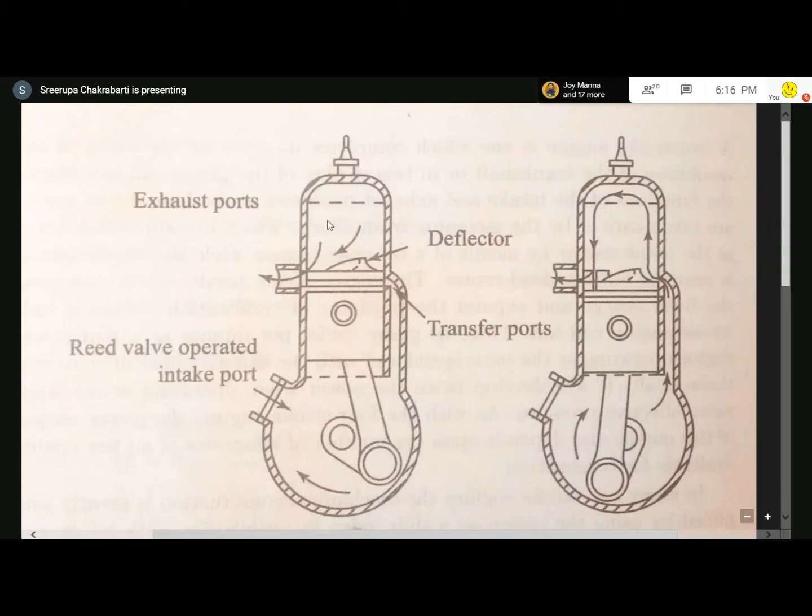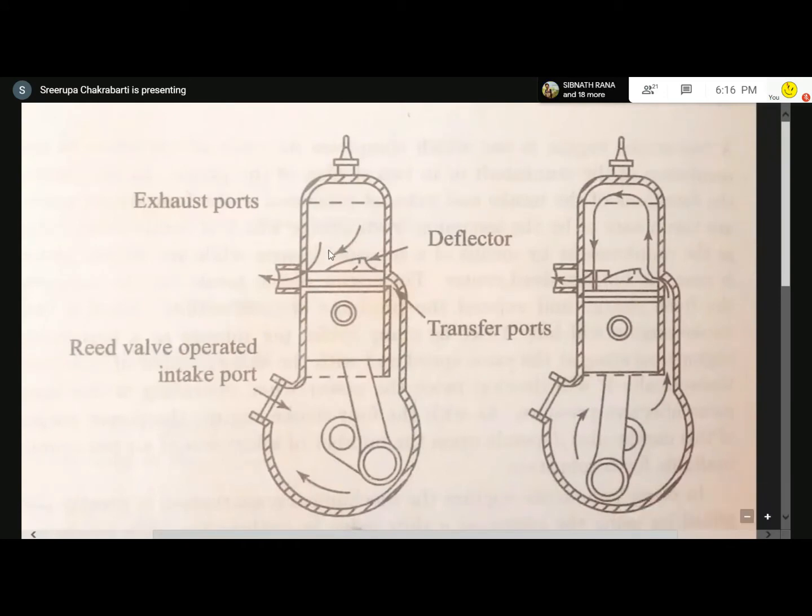And in this scheme, we have another body on top of the piston. This is called the deflector. A deflector is a three-dimensional projection on the top surface of the piston. The objective of the deflector is that it deflects the charge.